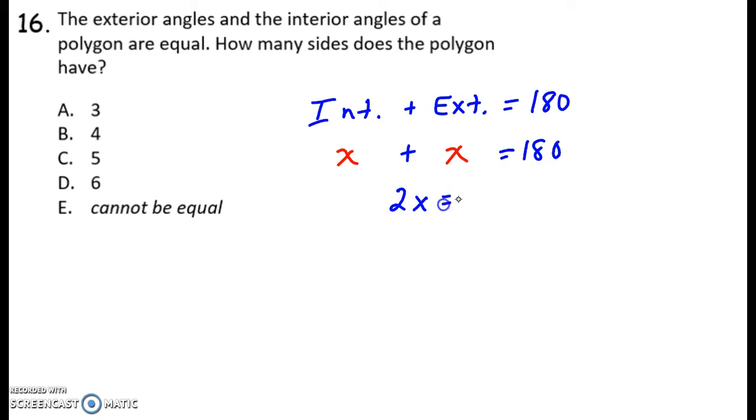So 2x is equal to 180. Divide both sides by 2. x has to be 90. So it says, how many sides does the polygon have? Well, we know that if each of these is 90, it says the exterior angles and the interior angles are equal.